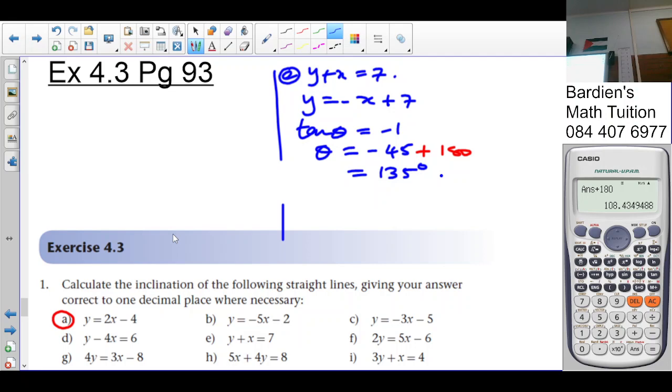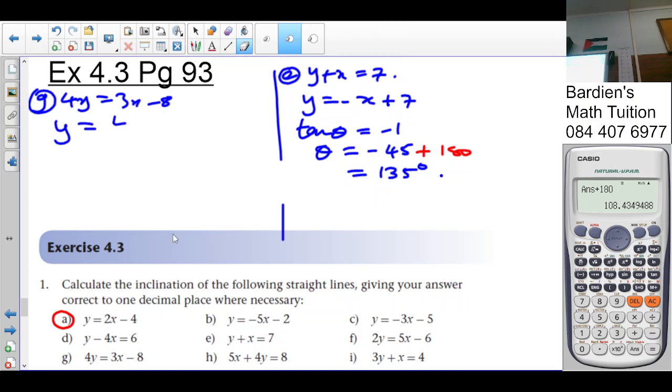Let's look at G. For G, you've got 4y is equal to 3x minus 8. Is that in standard form? No. So you divide by 4 on both sides, so it's 3 over 4 x minus 2. So what's the gradient of that line? 3 over 4.